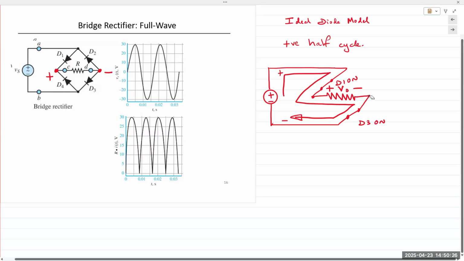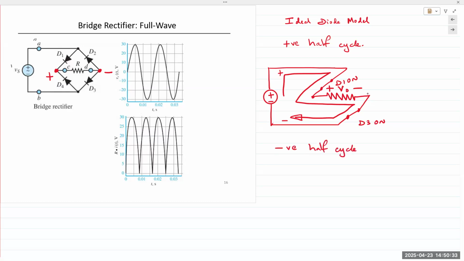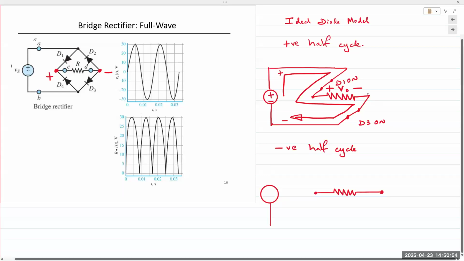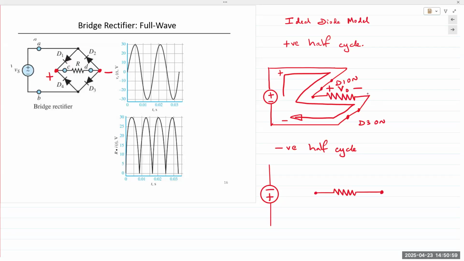Negative half cycle: the opposite happens. D1 and D3 are now off, and D2 and D4 are now on. So it's minus, plus this way.